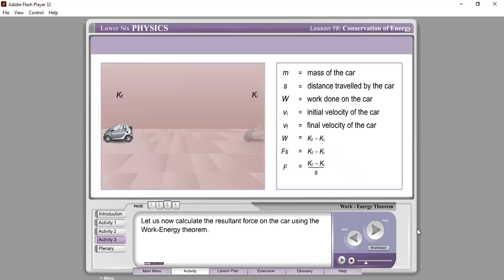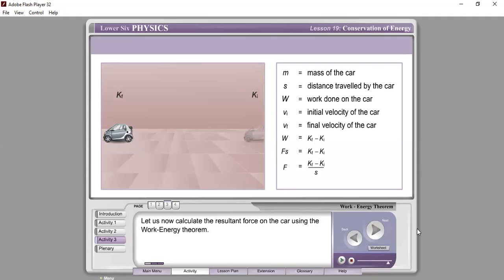M is the mass of the car. S is the distance traveled by the car. W is the work done on the car. Vi is the initial velocity of the car. Vf is the final velocity of the car. W equals Kf minus Ki. Fs equals Kf minus Ki.